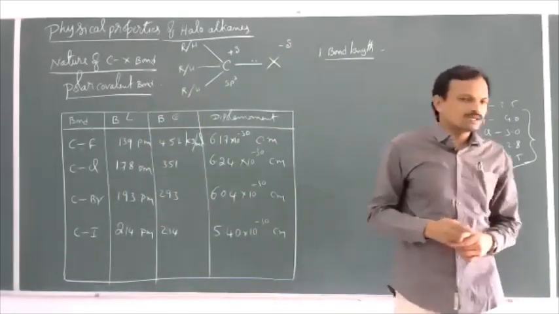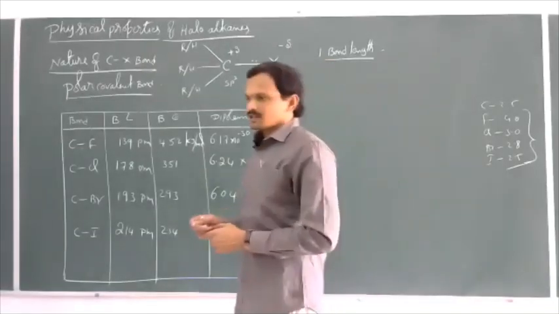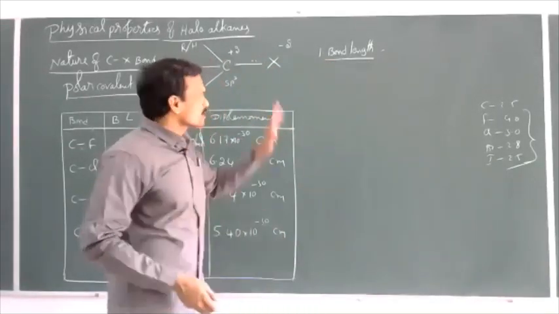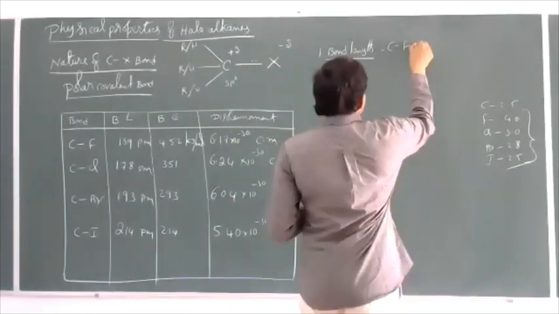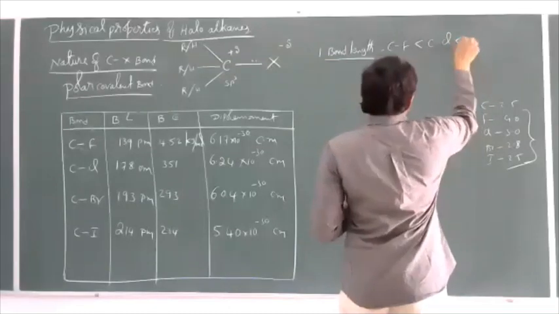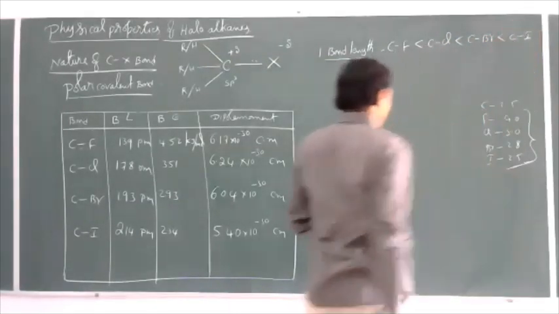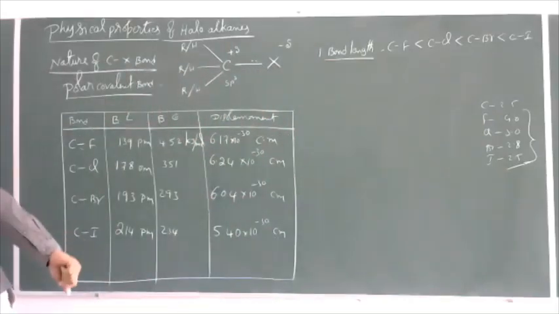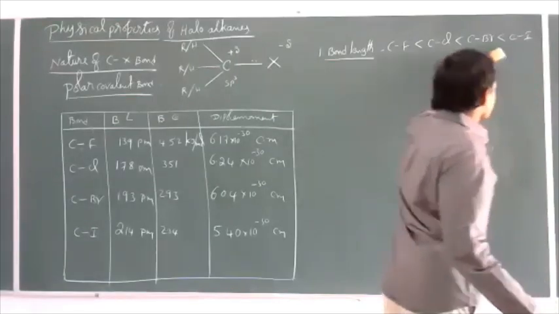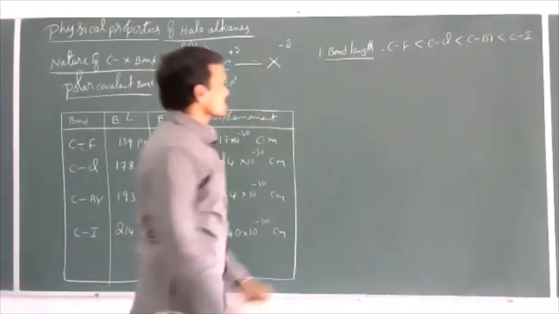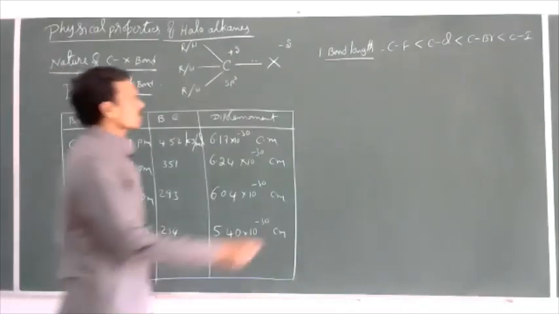As a result, the internuclear distance increases, that is, the bond length increases. So the order of bond length is C-F is less than C-Cl is less than C-Br is less than C-I.